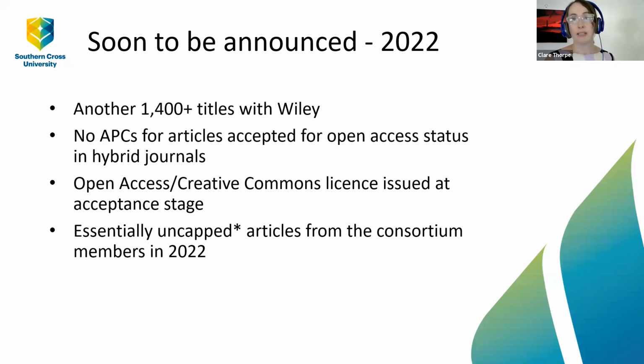There are Creative Commons licenses for your author rights. I've said there it's essentially uncapped. So Wiley has put a cap on there, but the cap they've put on is actually higher, or more articles, than has previously been published across Australasia in these journals. So we don't anticipate that cap being exceeded in 2022.